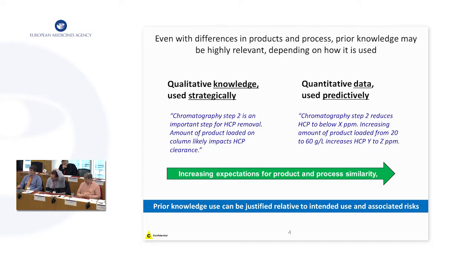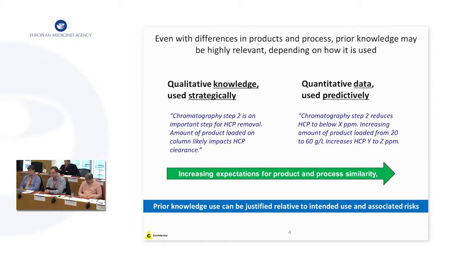So I put this slide just because it's germane to what I'm talking about. The use of prior and platform knowledge is really dependent on what the knowledge is used for. And we can ask different questions. We can ask qualitative questions. Does this input affect the output of this unit operation? And that's qualitative knowledge used strategically.